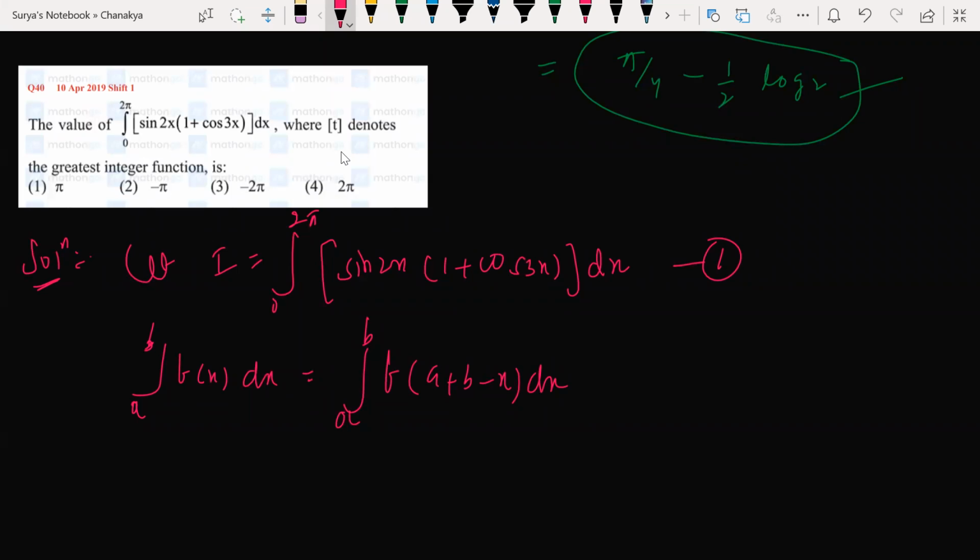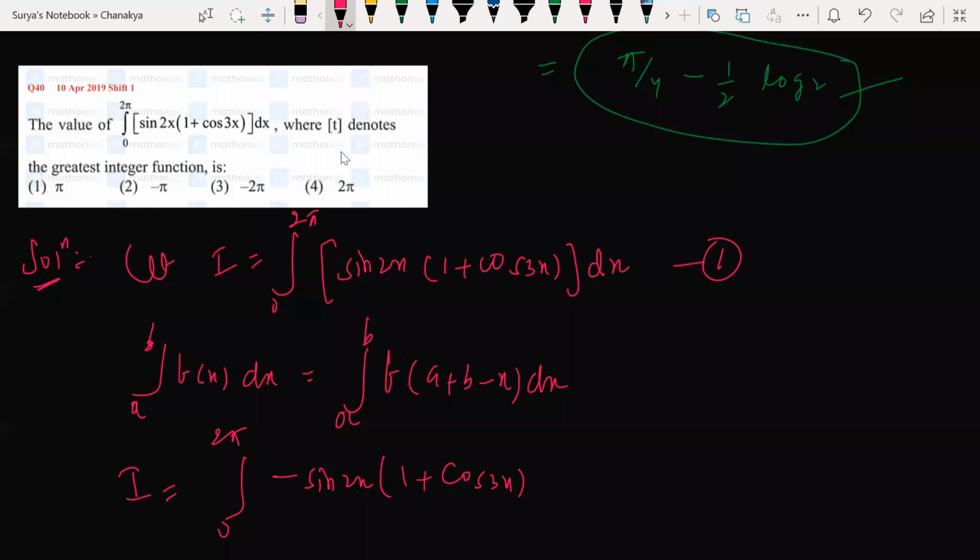Okay. So now I is equal to what it becomes, 0 to 2 pi, say a plus b, f of, in place of x, I will be substituting a plus b minus x. So 2 pi minus x. So sine of 4 pi minus x. So minus sine 2x. Correct? Cos of 3 of 2 pi minus x, same one.